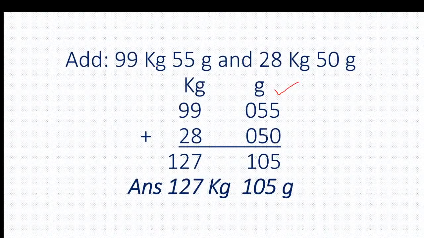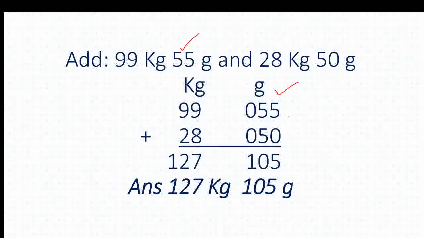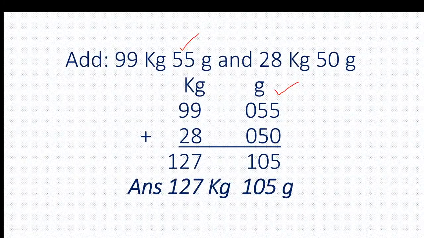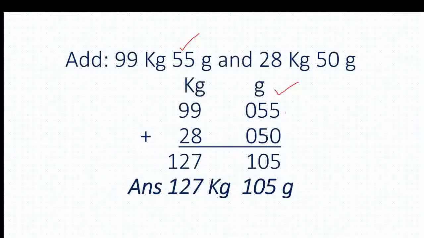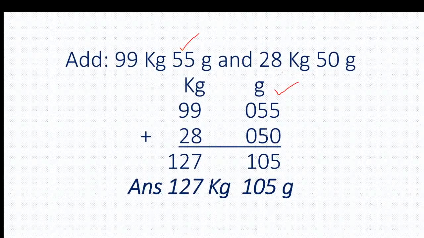Before kg we have 99, so I have written 99 under the kg column, and before gram we have 55, so I have written 055 under the gram column because we have to write gram in 3 digits. Moving to the next weight, 28 is written before kg, so I have written 28 under the kg column below 99, and here 50 gram is written, so I have written 050 under the gram column.